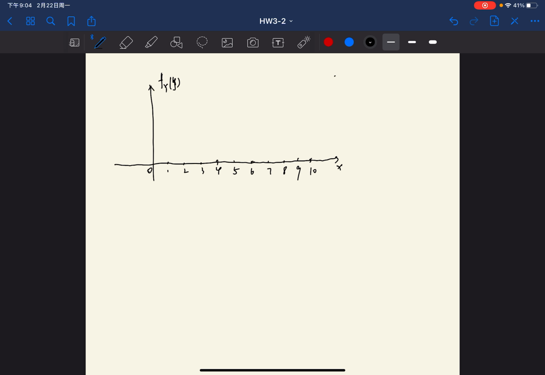And because it is equal to this from the conclusions above, we can draw the figure. When y is equal to 1, the probability is 1 divided by 4.